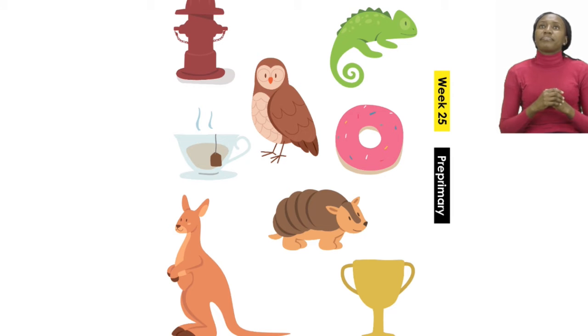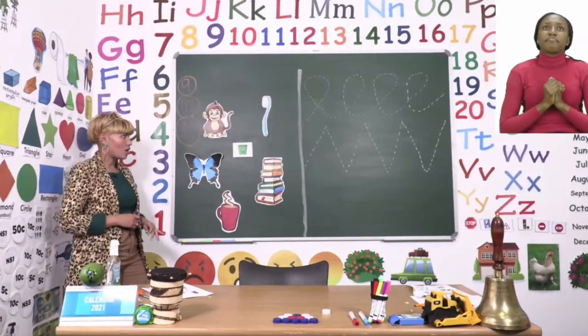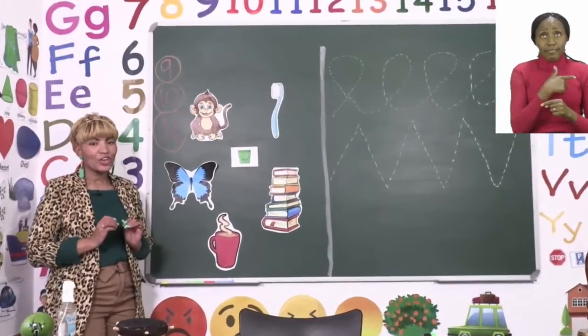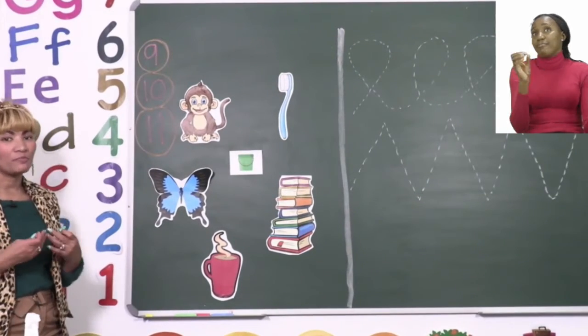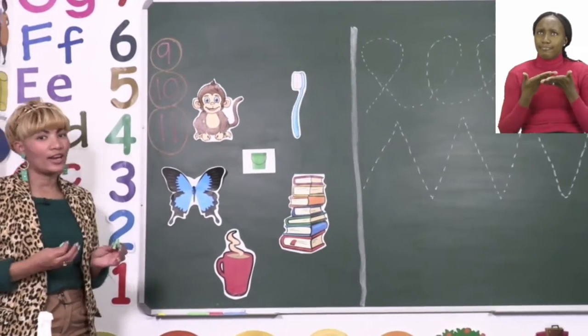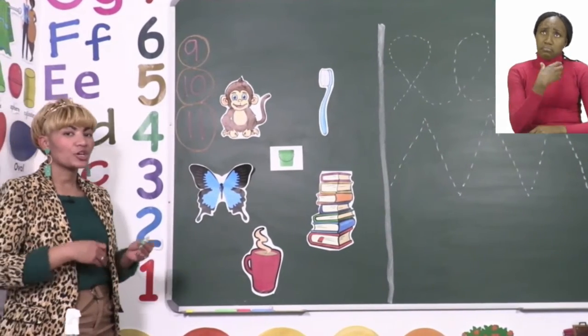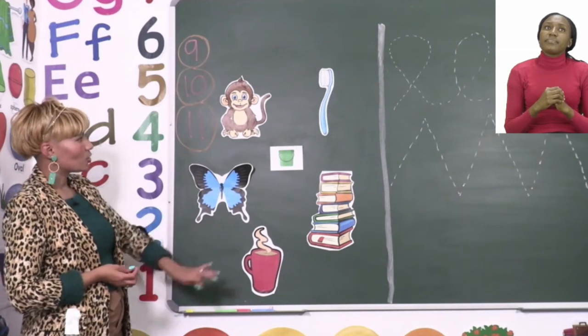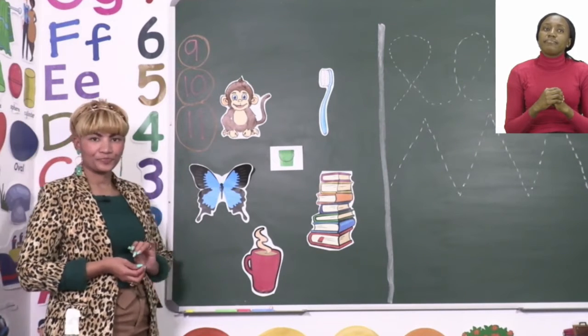Now on the board, I put a few pictures here of living and non-living things. So now I want you to help me to see which of these things are living things, which are non-living things. Let's start with the monkey.